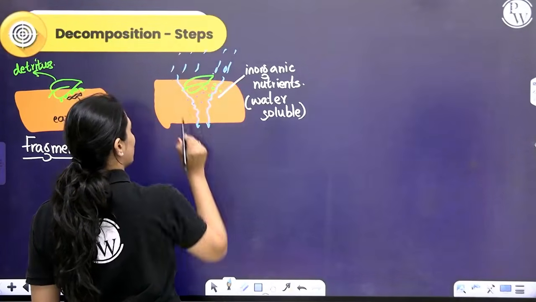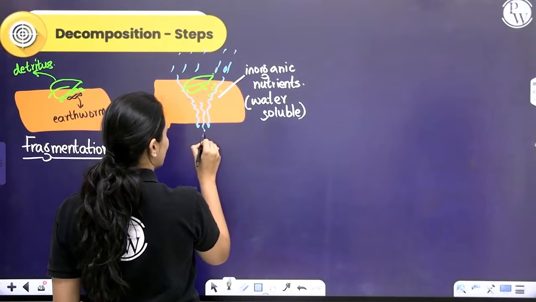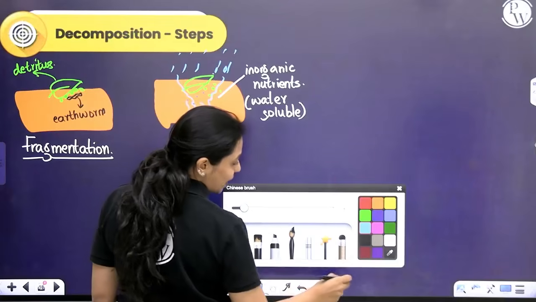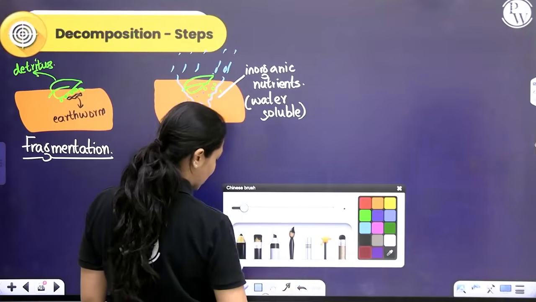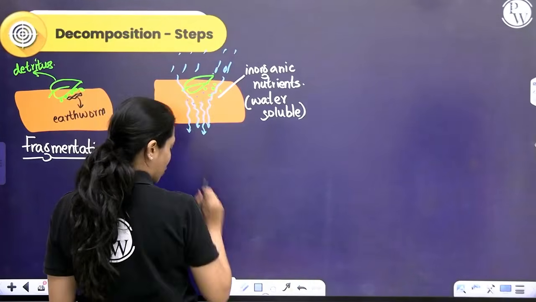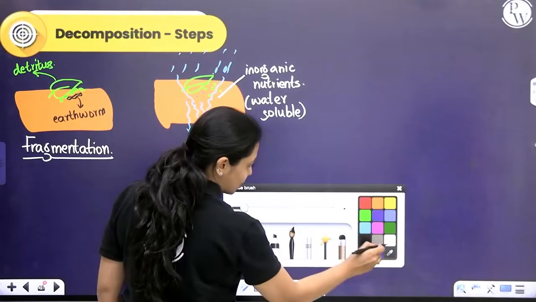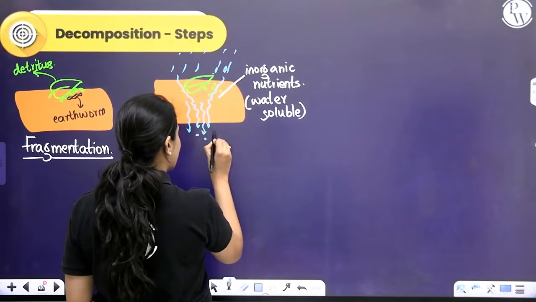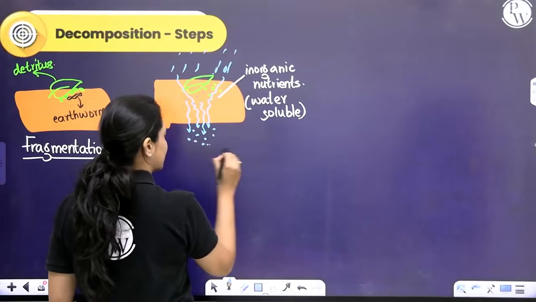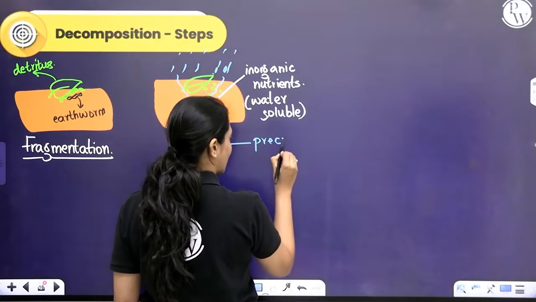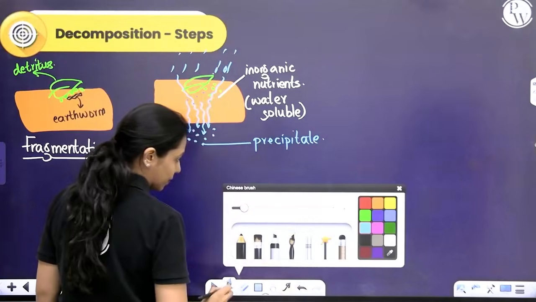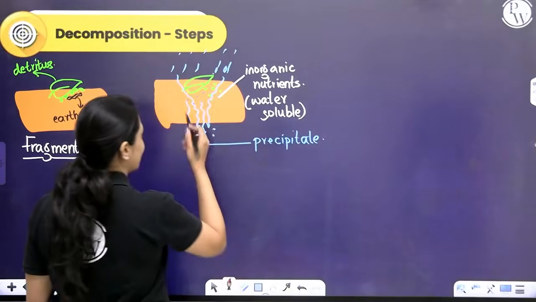It will dissolve in water and move towards the lower layer of the soil, and it will not be available for plants anymore. These nutrients will go down to deeper layers of the soil and it will precipitate there as unavailable salts. They precipitate here. Unavailable for whom? Unavailable for plants if they grow there.